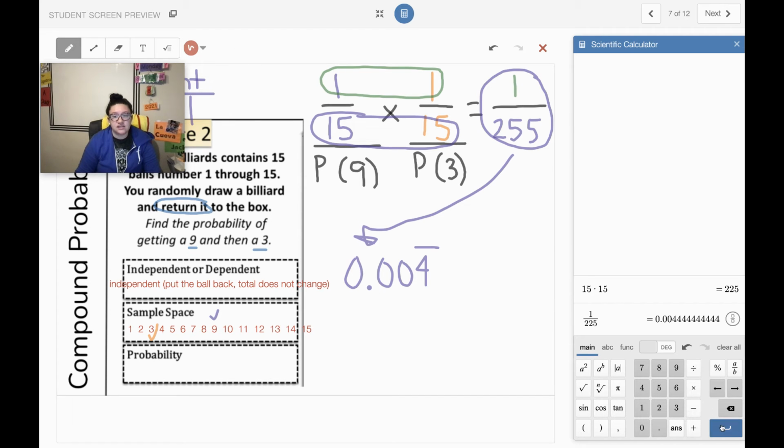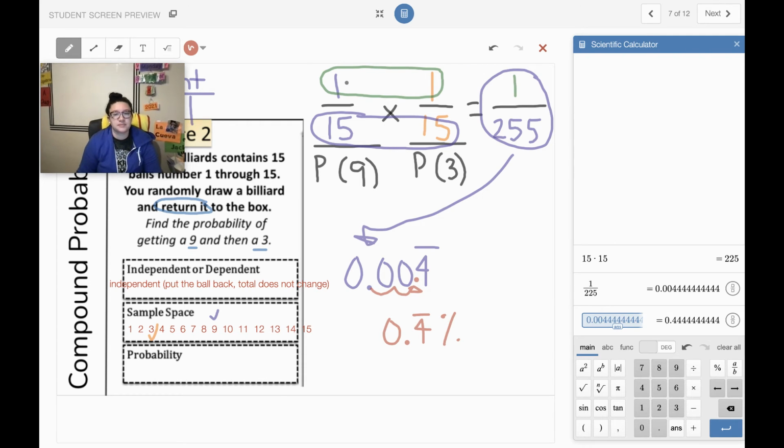I could take that answer and multiply it times 100. And I would get 0.4 repeating percent, which we usually would round. Or you can move your decimal to the right 2 times and plop it in there right before the 4. You'll get the same thing.